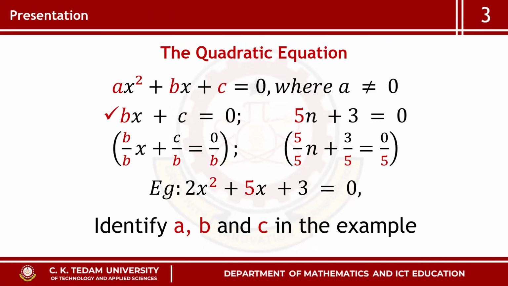So this is the form of the quadratic equation: ax squared plus bx plus c equals 0. And I said a is the coefficient of the quadratic term, and the quadratic term is x squared.